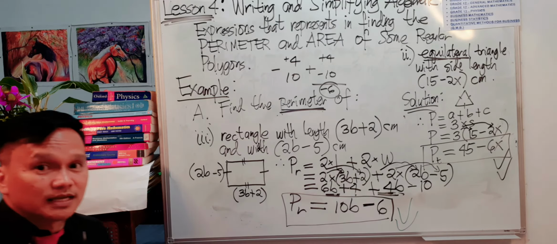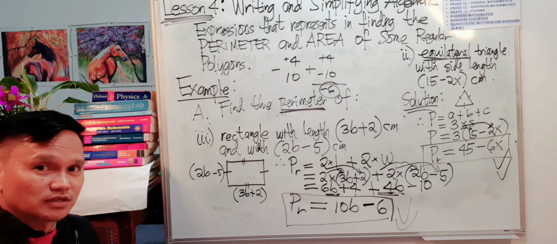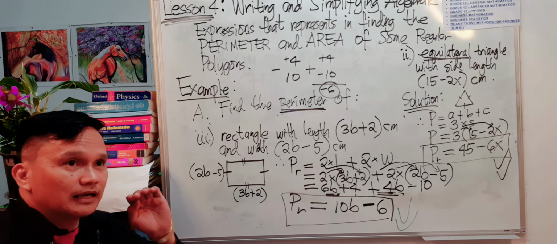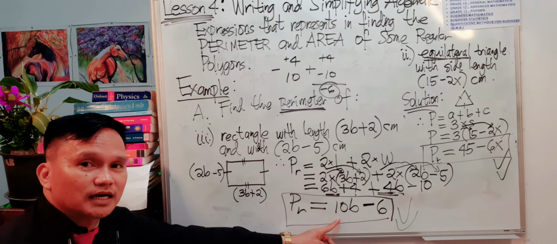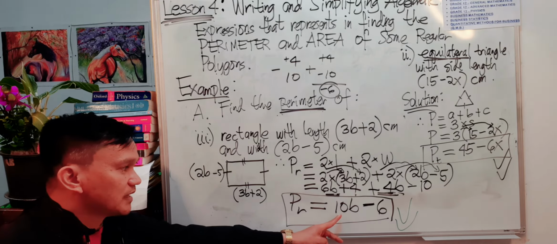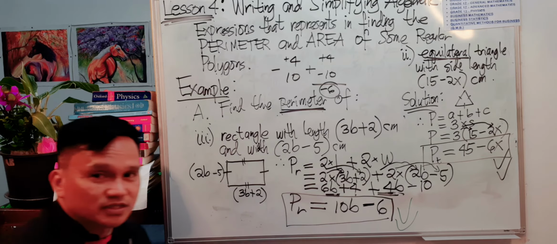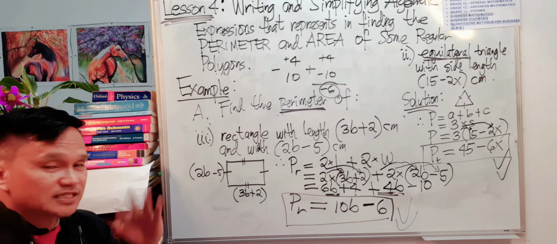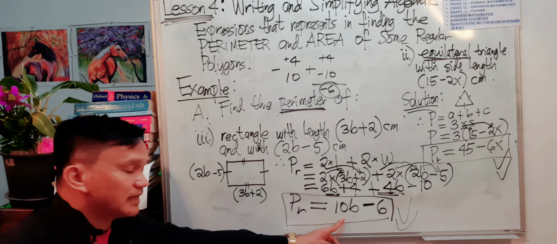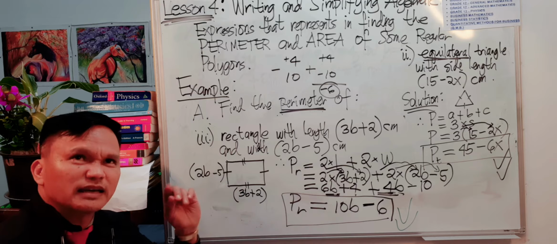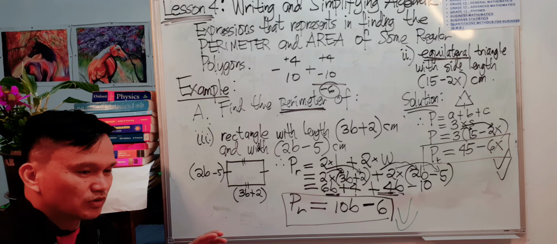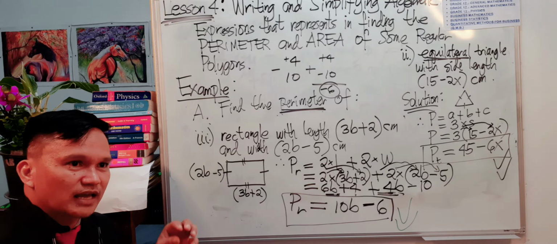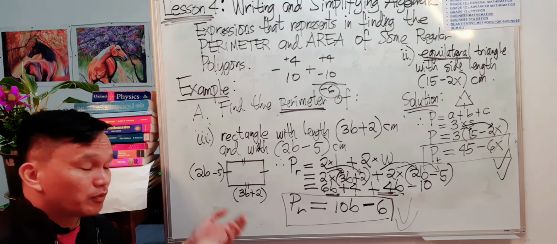10b minus 6. If it is in a multiple choice question, you must be careful because out of the 4 options, A, B, C, D, you will encounter this expression, the perimeter of the rectangle, 10b minus 6. Let's say that's letter A. But letter B will be trying to mix you up, to really challenge you whether you have worked it out.